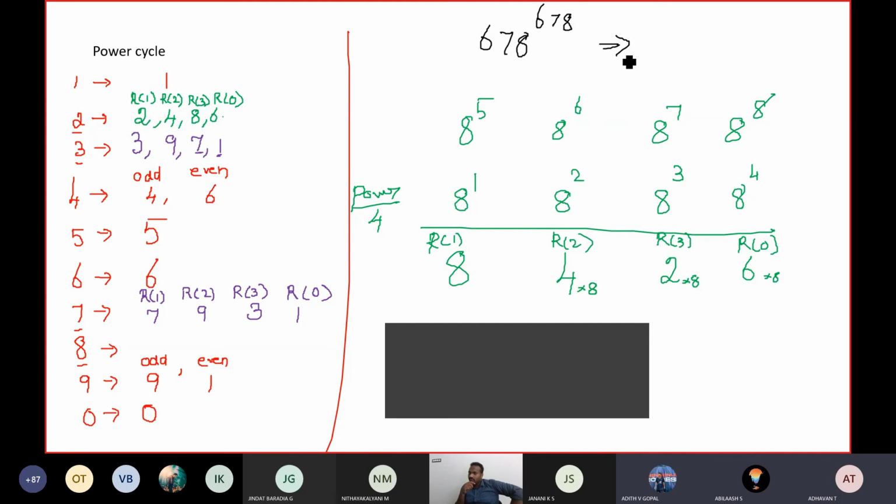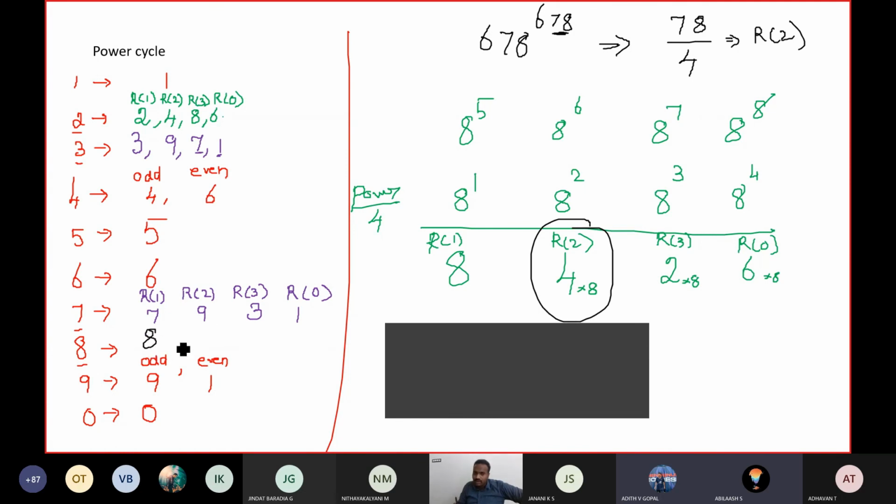Remainder is 2, and it will be 8, and it will be 4. Super, very good one. Because I'm supposed to worry only about the last two digits. So 78 divided by 4. I know 76 is divisible, so the remainder is going to be 2. If the remainder is 2, then the last digit is 4. So it's 8, 4, 2, 6.